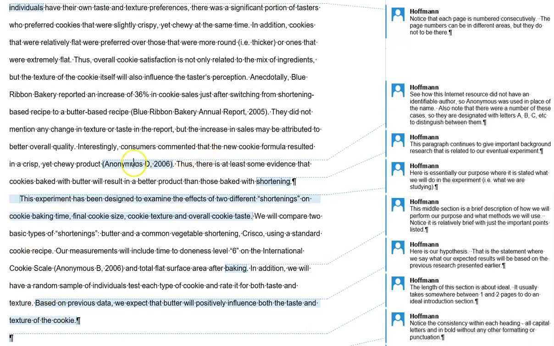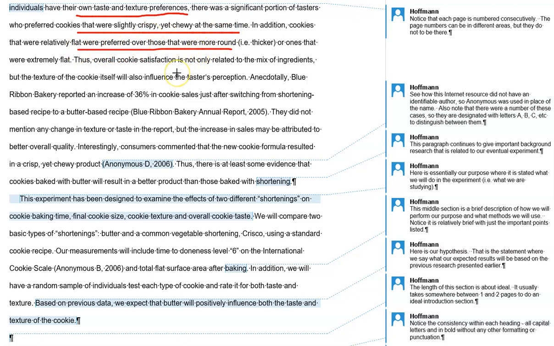So then we continue on and look at the taste and texture preferences of the individuals and how that is preferred, and certainly it talks about how people prefer their cookies a certain way. And so slightly crispy and chewy at the same time were preferred, and the flat were preferred over more round.